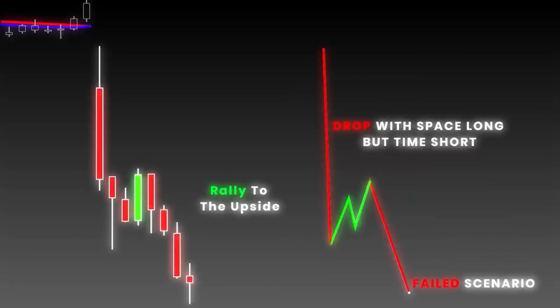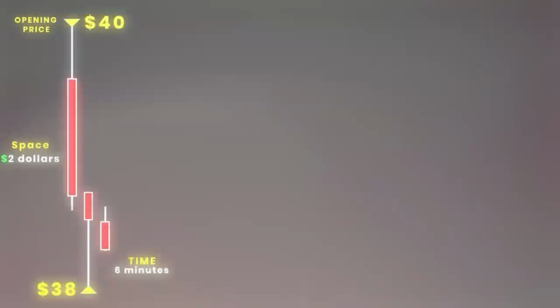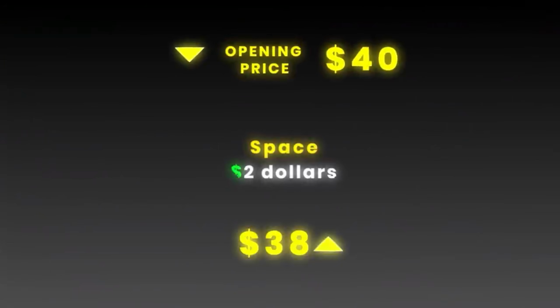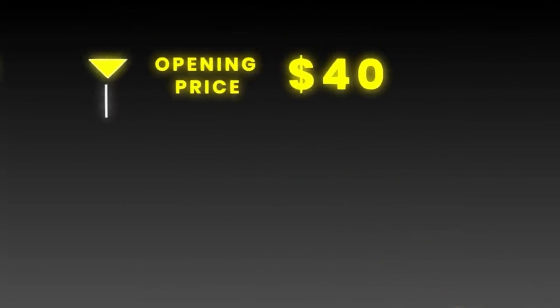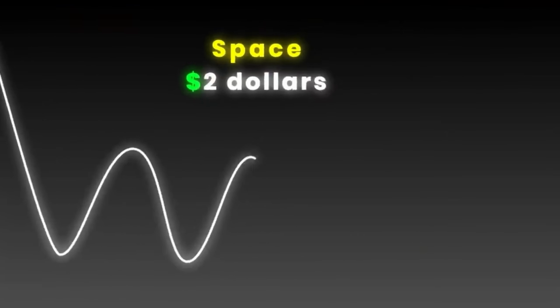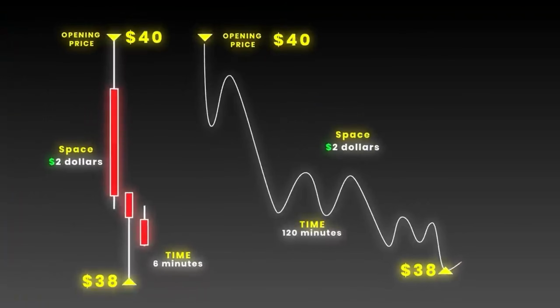This rally from a drop that has the space long but the time short will usually create a failed scenario. Now let's take the same space drop from 40 to 38. We're going to create the same space, and yet that space is going to be accomplished with time.